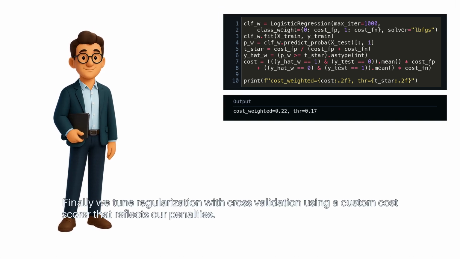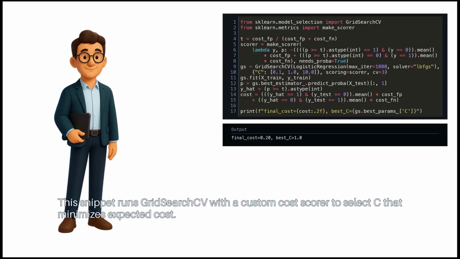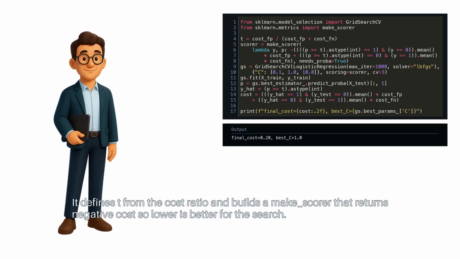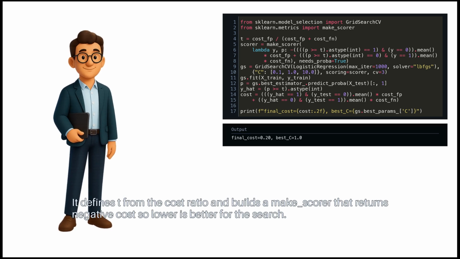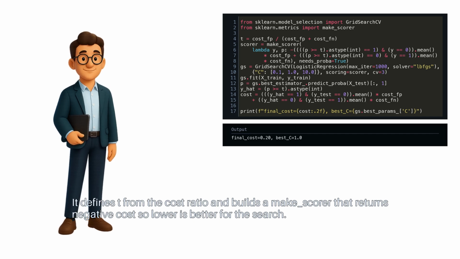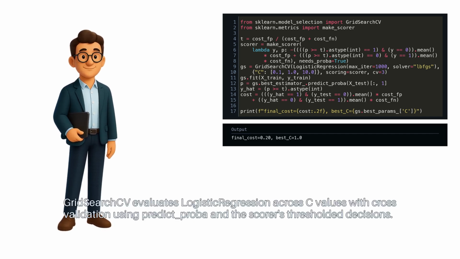Finally, we tune regularization with cross-validation, using a custom cost score that reflects our penalties. This snippet runs GridSearchCV with a custom cost scorer to select C that minimizes expected cost. It defines T from the cost ratio and builds a make_scorer that returns negative cost, so lower is better for the search.